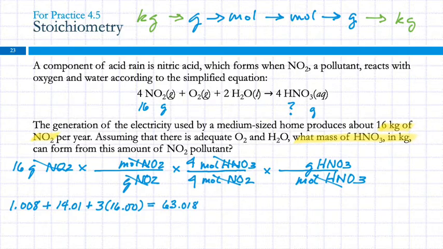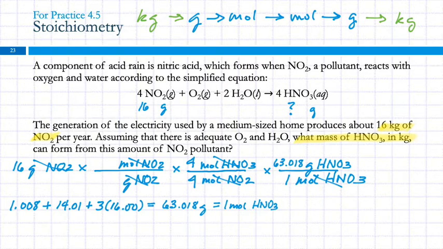So 63.018 grams is equal to 1 mole of HNO3. So over here, where I need the mass of a mole of HNO3, I'm going to put this mass in that I just calculated.